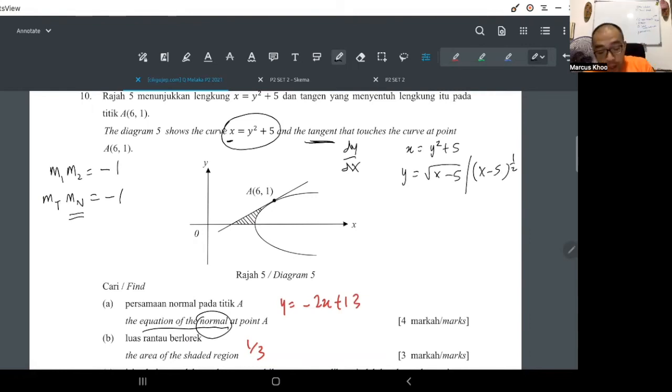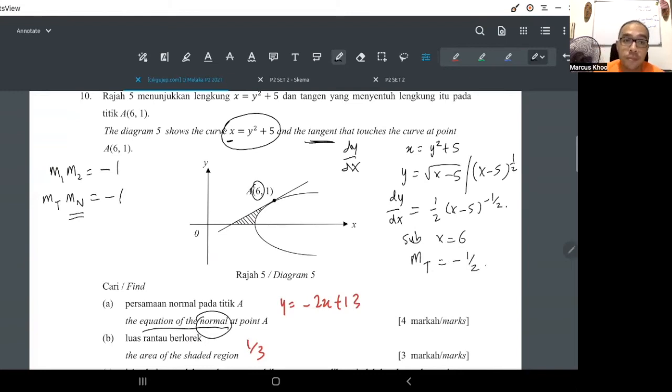Then I differentiate this. When I differentiate, I will get half (x minus 5) to the power of negative half. The gradient of the tangent we find using the x coordinate, so you substitute x equals 6 into this. You will get m tangent, sorry, plus 1/2.